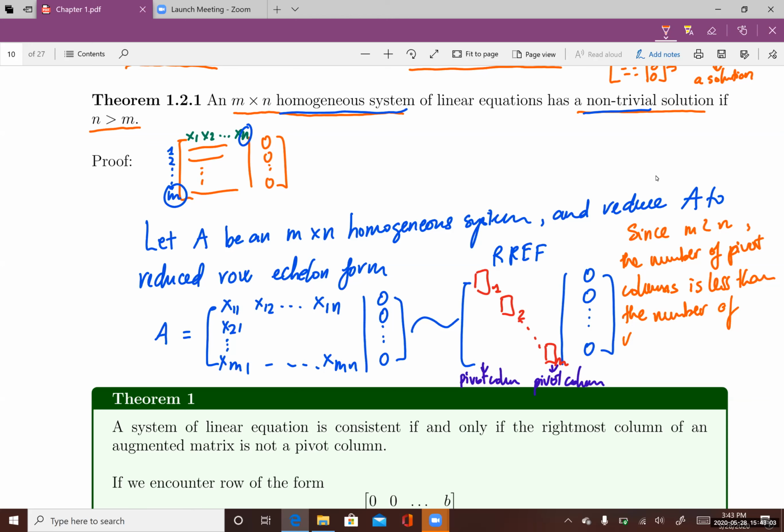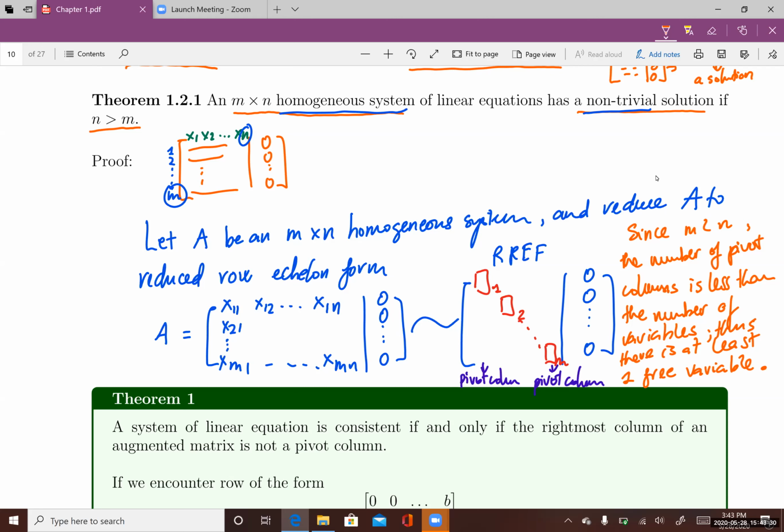Thus there is at least one free variable, because each pivot column corresponds to each leading variable. So you have fewer leading variables compared to the total number of variables.